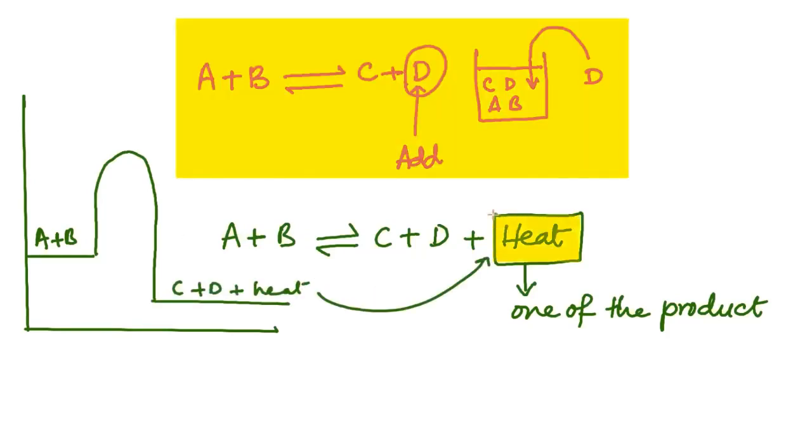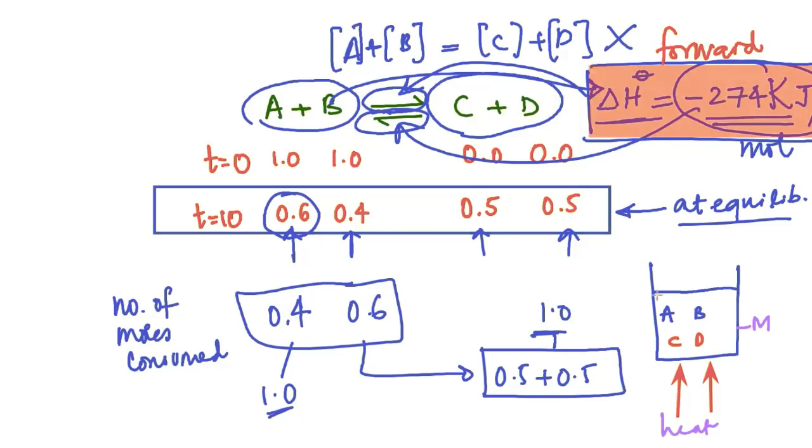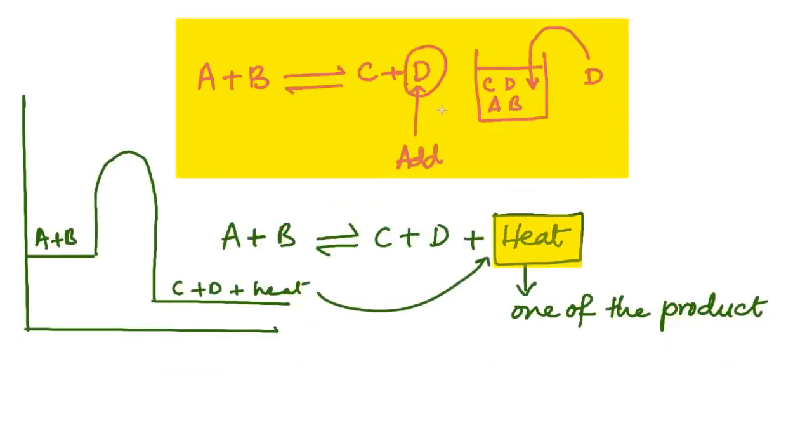If you heat this particular container, in which heat is also one of the products, this is going to favor the reverse reaction, exactly in the same way as if you add D in the big yellow rectangle, you're adding one of the products. Increasing the heat, in this case, means that we are going to make a rule.